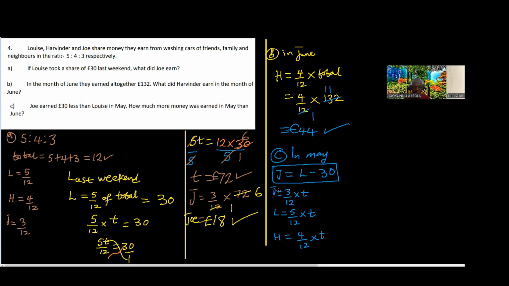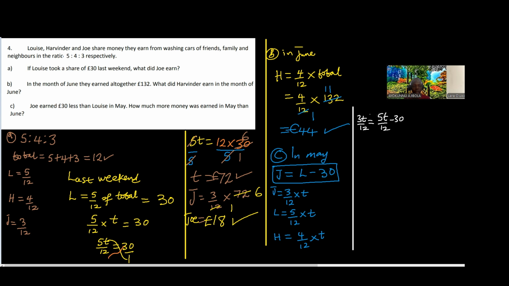It's this relationship we're going to work on, which is 3t over 12 for Joe, equal to what Louise will earn, 5t over 12 minus 30.